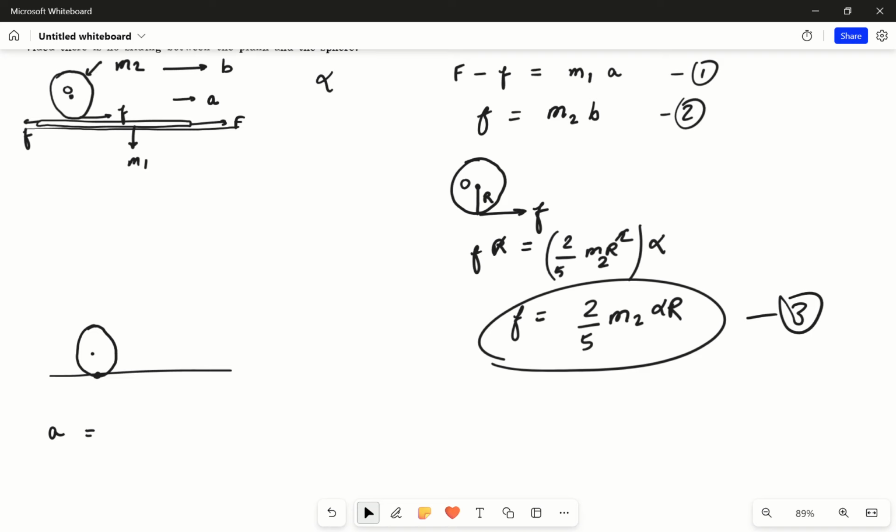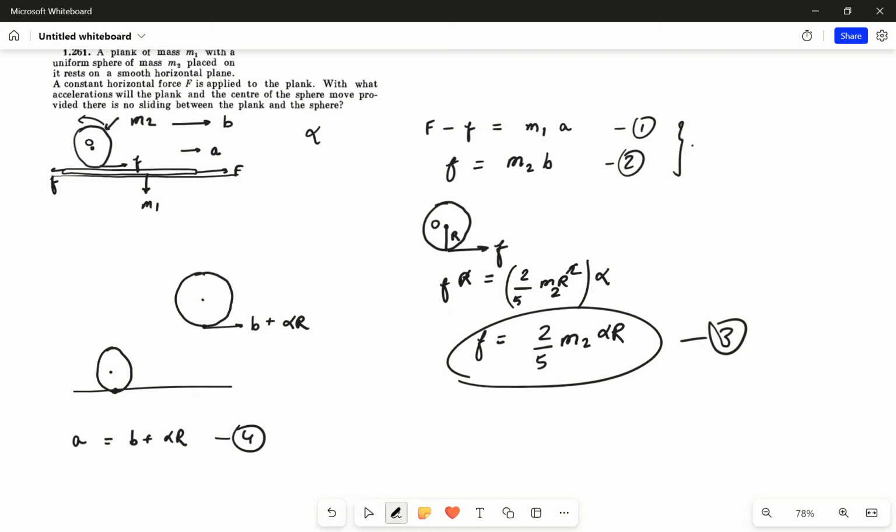So the acceleration of the point on the sphere which is in contact with the plank would also be equal to a. The point at the lowest position of this sphere has acceleration equal to the acceleration of the center of the sphere b plus alpha r, since it is rotating in the anti-clockwise direction, so alpha adds to the linear acceleration. So a equal to b plus alpha r. This is our fourth equation.